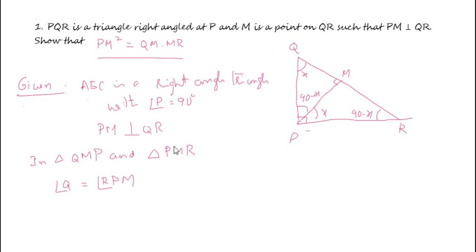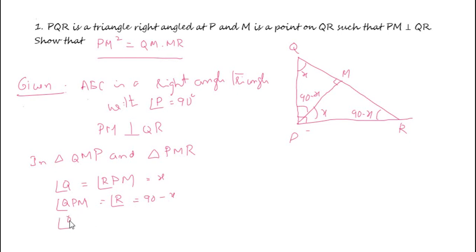This angle equal to this angle, that is X. Angle QPM equal to angle R, that is equal to 90 minus X.